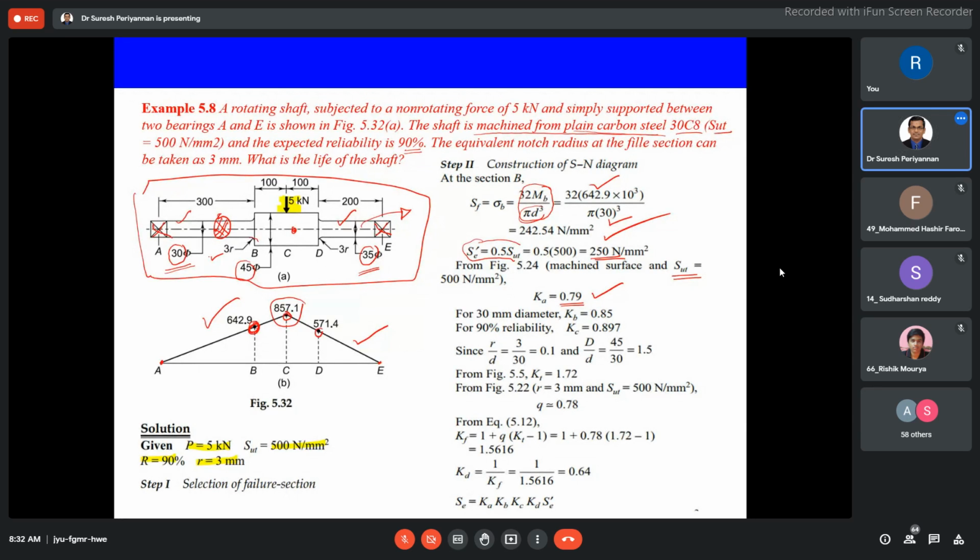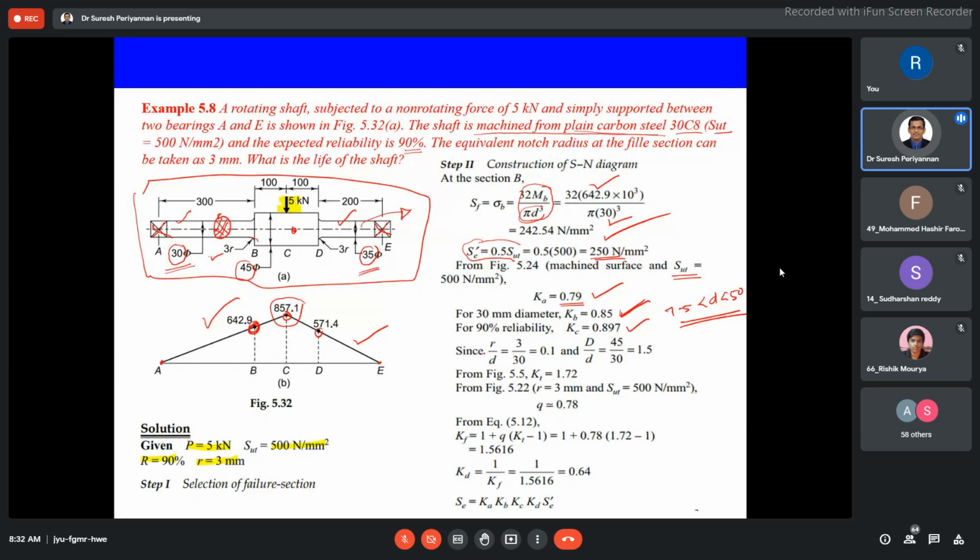Now, for 30 mm diameter, we know the size factor is 0.85. This is under 7.5 less than D less than 50 mm diameter. Then under this category, our size factor Kb is 0.85. And the reliability factor from the table we can get as 0.897.